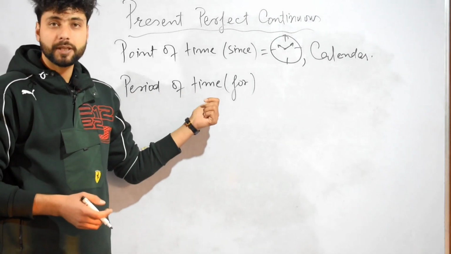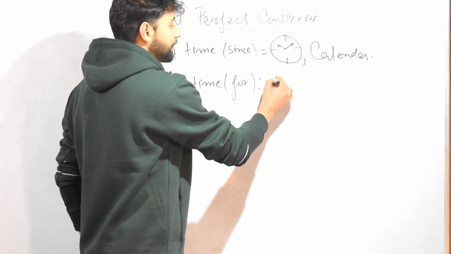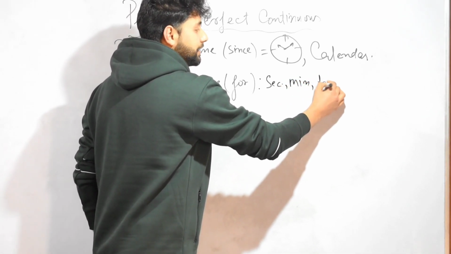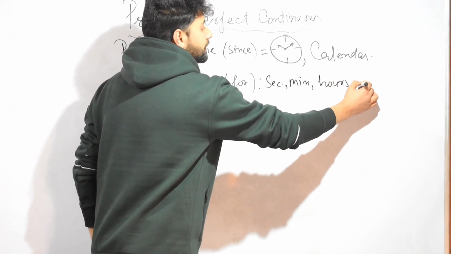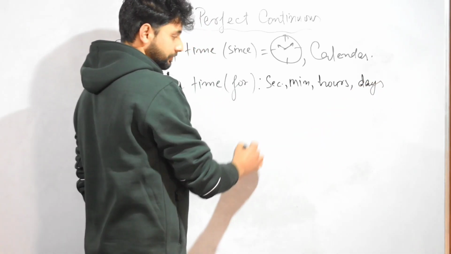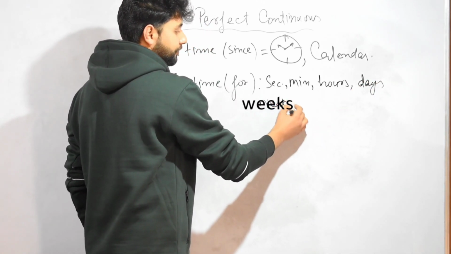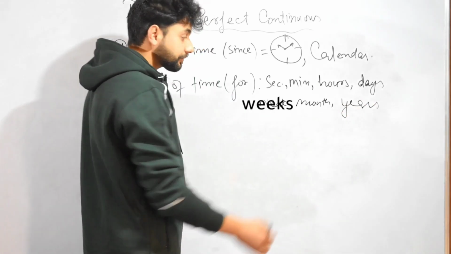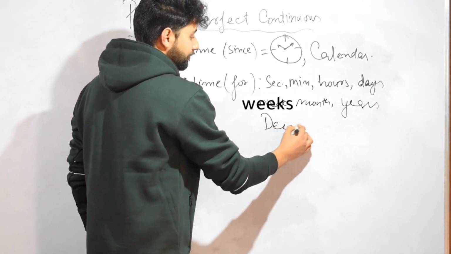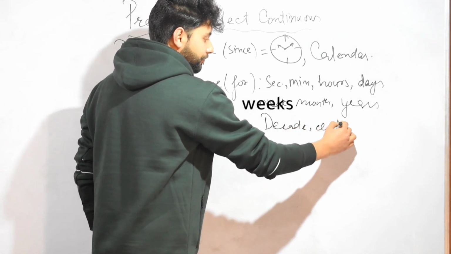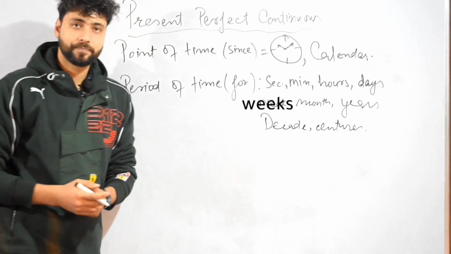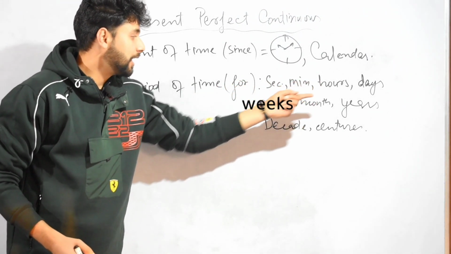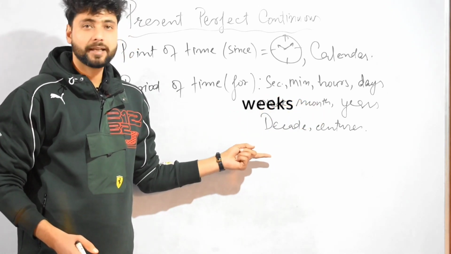In order to remember period of time, what you can keep in mind is seconds, minutes, hours, days, weeks, months, years, decades, centuries, etc. When we talk about period of time, we talk about seconds, minutes, hours, days, weeks, months, years, decades, or centuries.